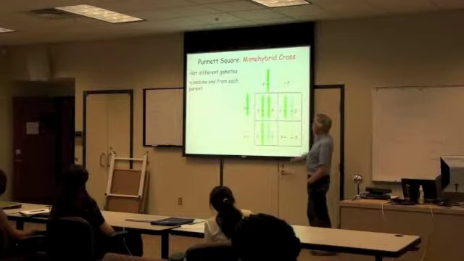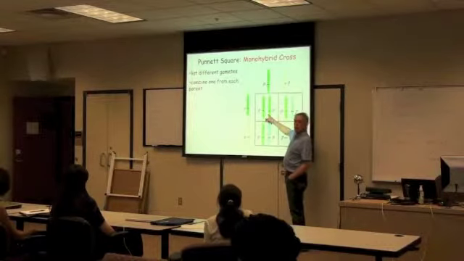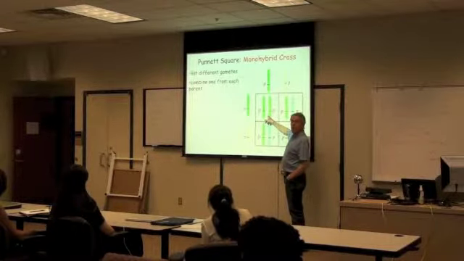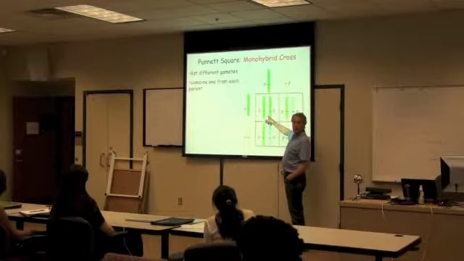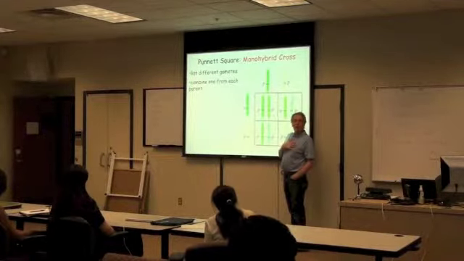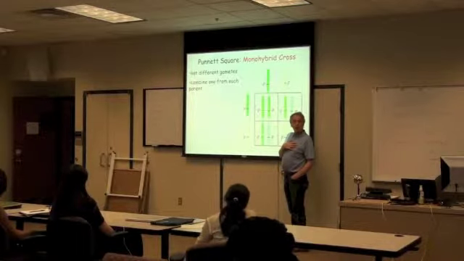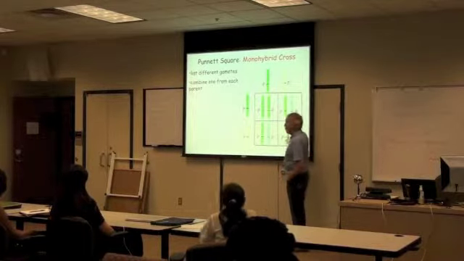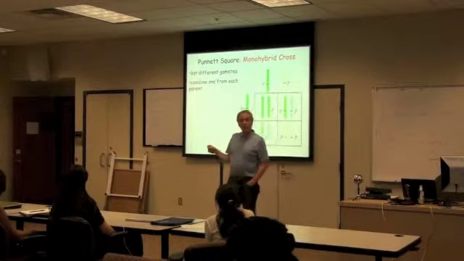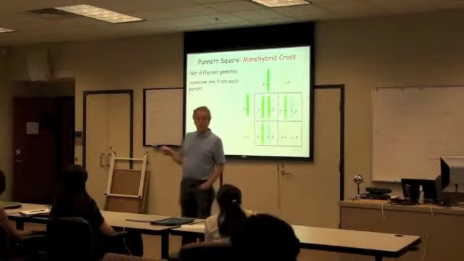So 1/4 of the children should be big P, big P. They will look normal. They will be normal. And they will not be carriers, right? 1/2 the children will look normal, and they will be carriers. 1/4 of the children will be little p, they'll have the phenotype.